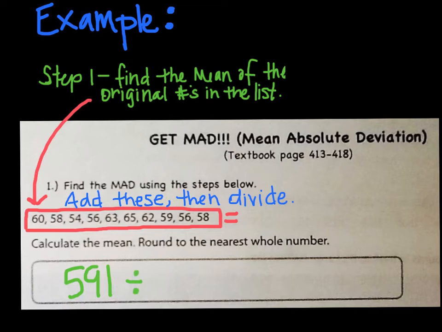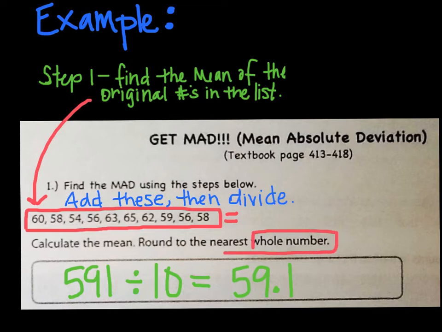When you're calculating the mean of a group of numbers, you also need to divide by however many numbers were in the original list, and this list has 10. So now I'm going to do 591 divided by 10, which is 59.1. In these directions, it says to round our answer to the nearest whole number, so we don't want anything behind the decimal.